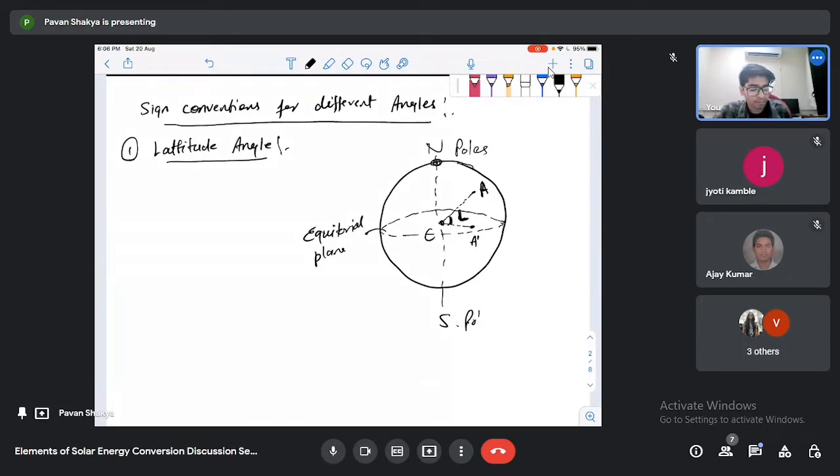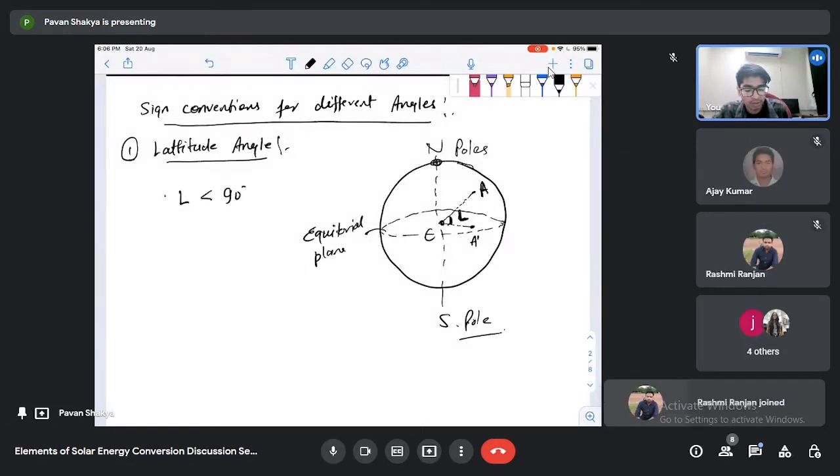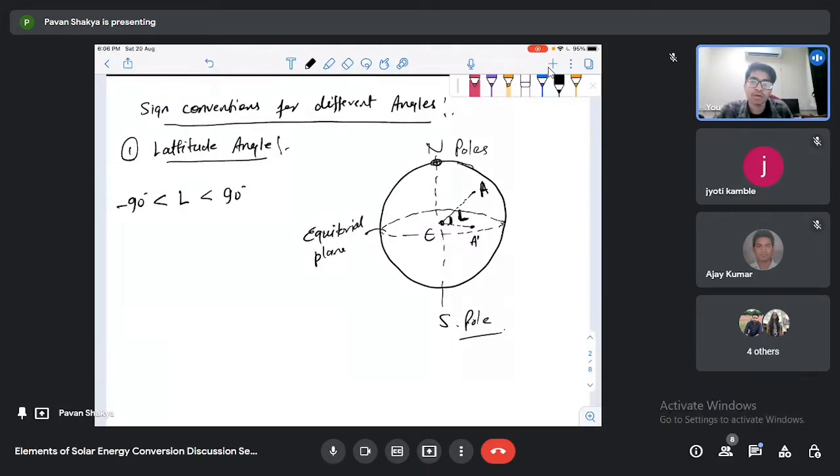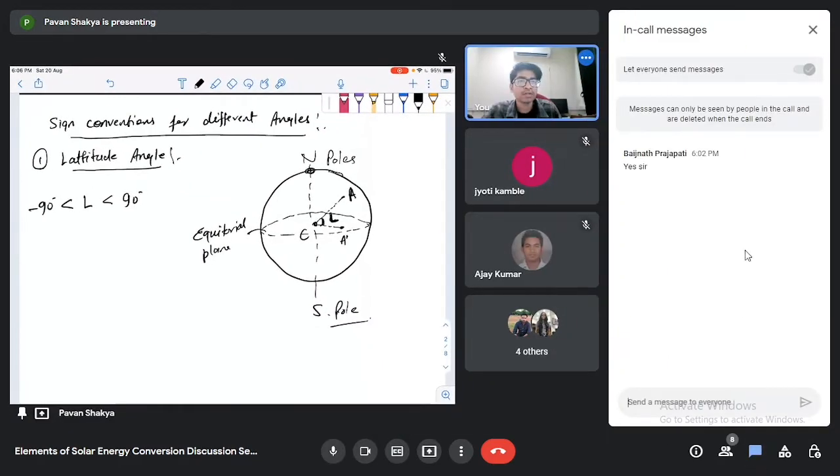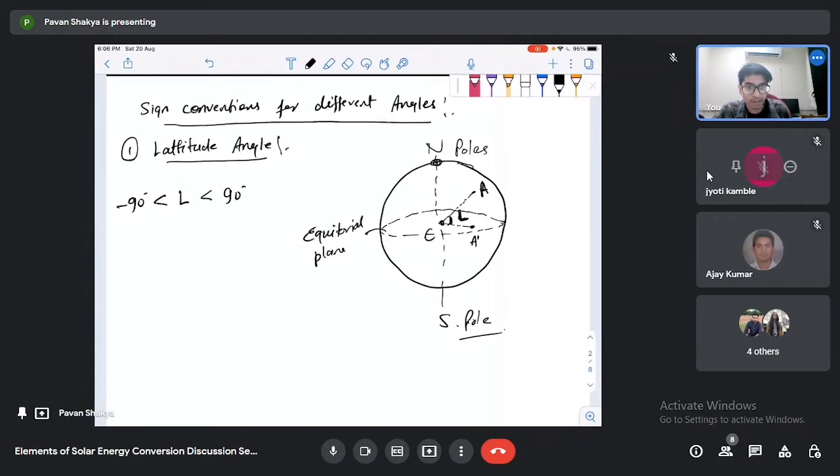So this latitude angle varies between 90 degree and minus 90 degree. Can anyone guess what its value is on the North Pole? You can also write in comment. Okay, on the North Pole this value will be 90 degree. Yes, it is correct, 90 degree.